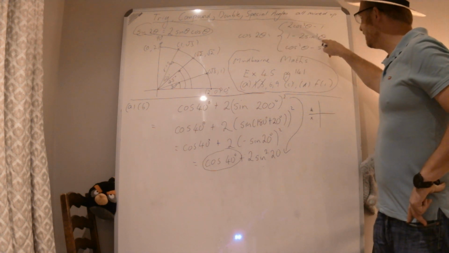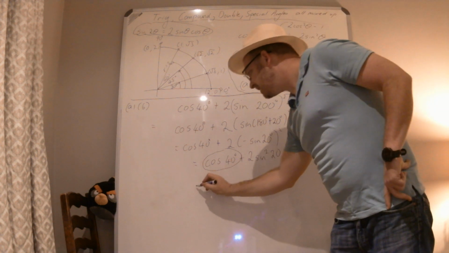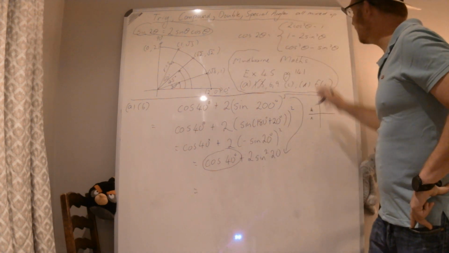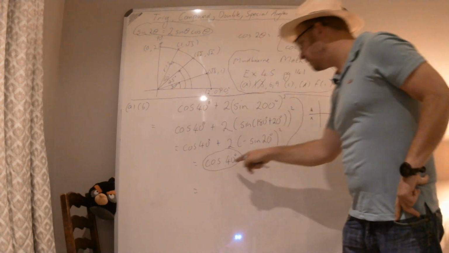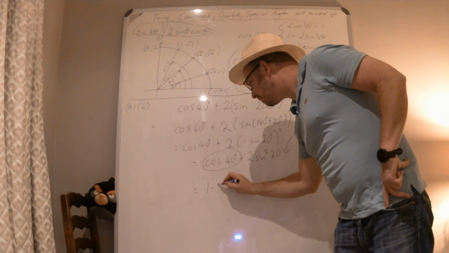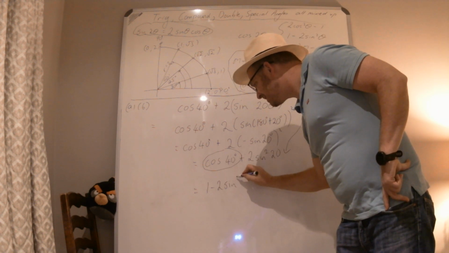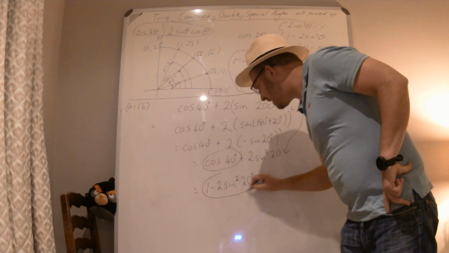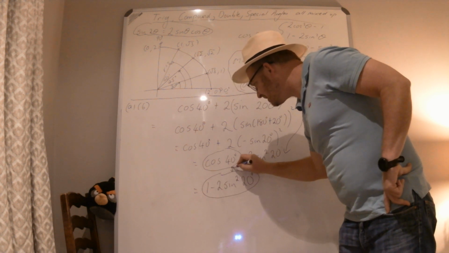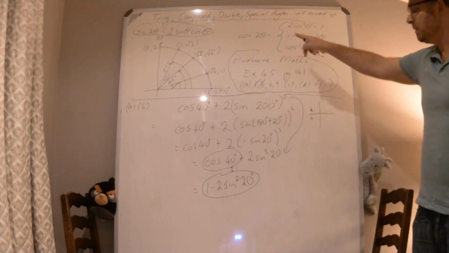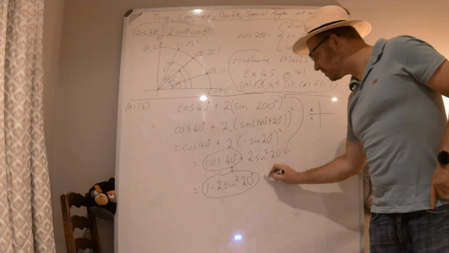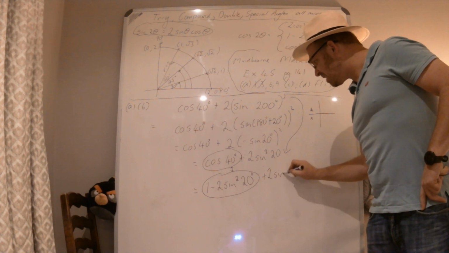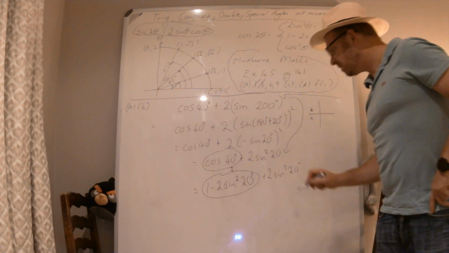Remember 2 theta, that's half of that. So I'm using the fact that cos 2 theta is 1 minus 2 sine squared theta, so cos 40 is 1 minus 2 sine squared 20. So that is just that. Make sure you're comfortable with that. Plus 2 sine squared 20.